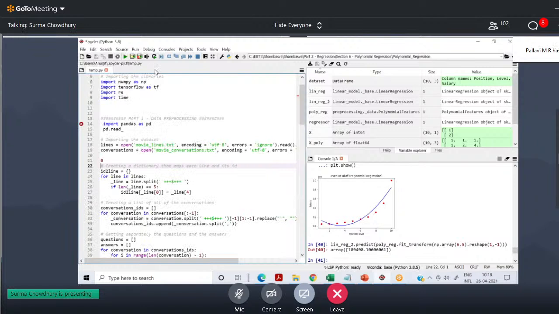Can you please send it on the chat? Quickly on chat. I need some answers on chat, please. I don't see any pop-up coming.